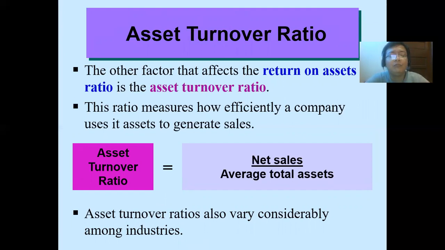In layman's terms, are you effective in terms of your assets in generating your sales? Earlier, you were effective in terms of your assets to generate net income. This one is in terms of net sales. What is the formula? Net sales divided by average total assets. Again, it will depend on the industry.